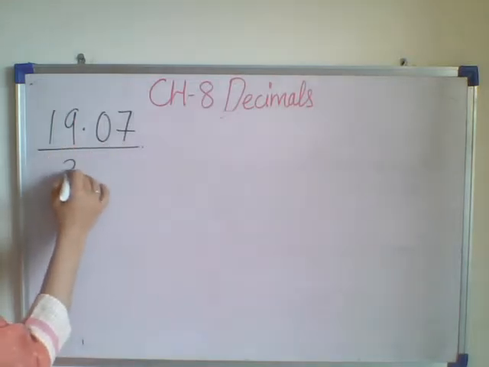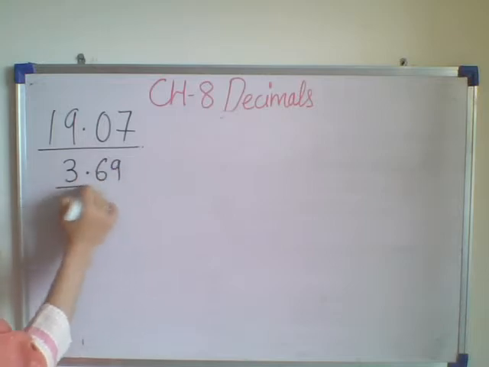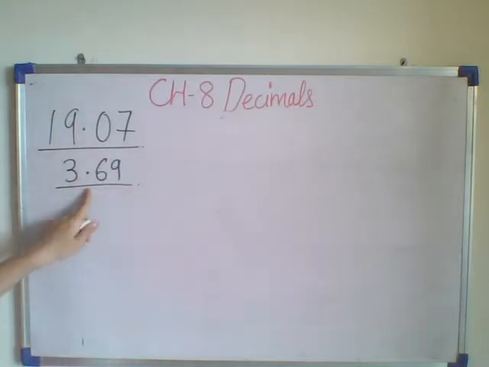The next, 3.69. How I will be writing this decimal number in words?